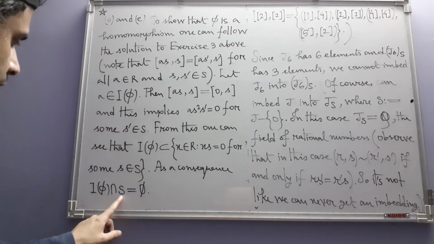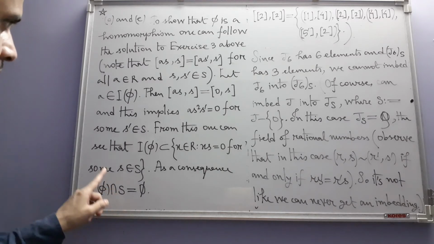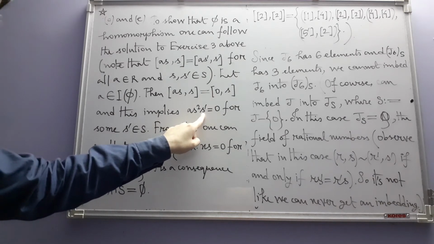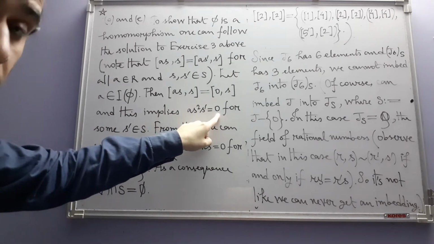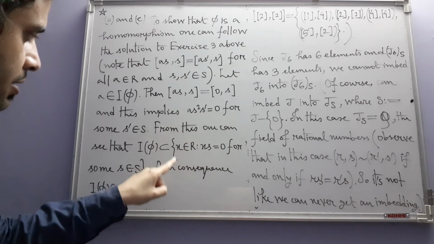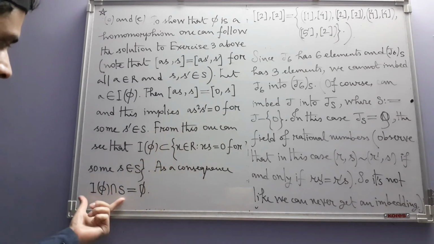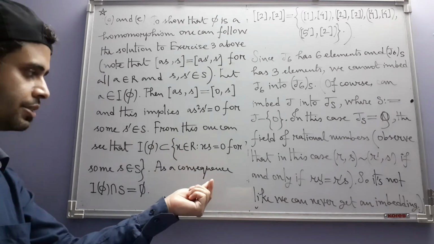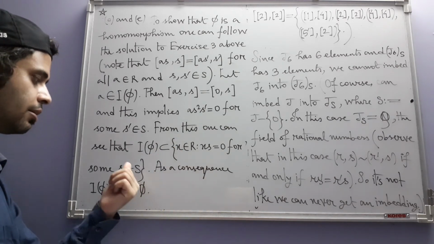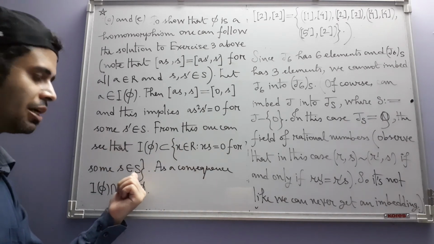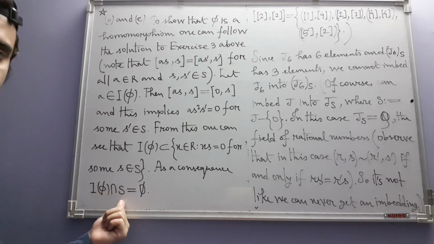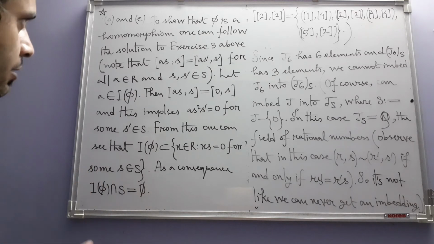Because if they had an element in common, then that element multiplied by some other element of S should have been 0. But since S is closed under multiplication, that product must be in S, which will mean that 0 is in S, contradicting the first condition of a multiplicative system. So that's why there can be no element in common and they are disjoint.